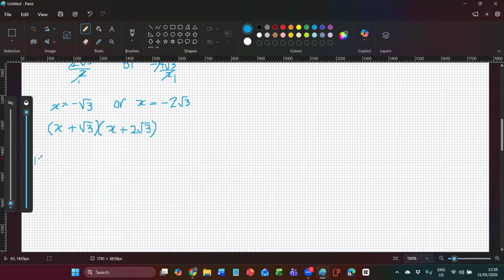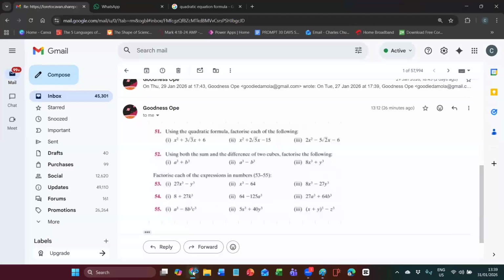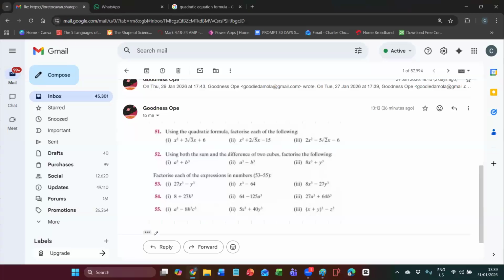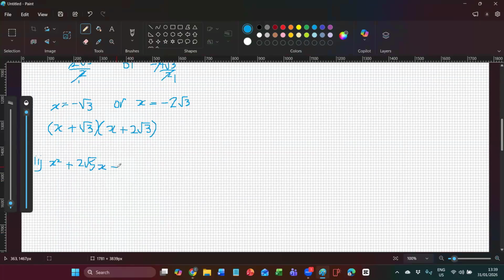So x squared plus 2 root 5 x and a plus again. Minus 15 this time. Minus 15.